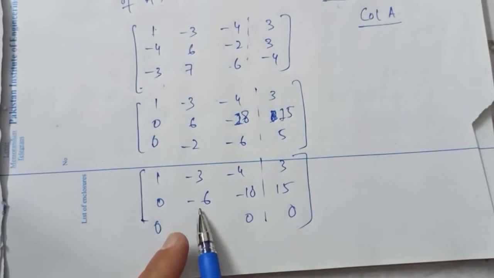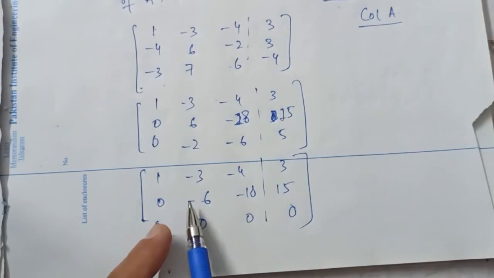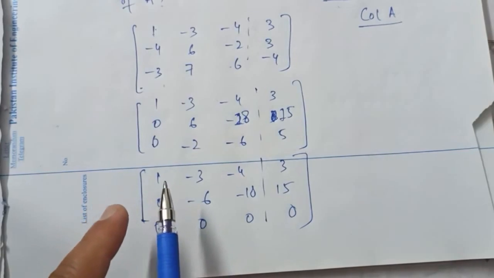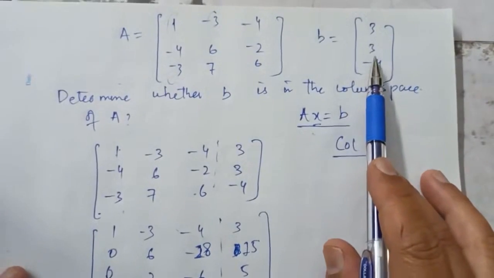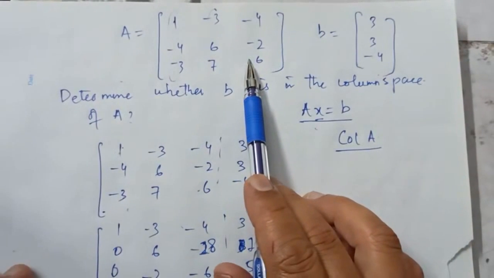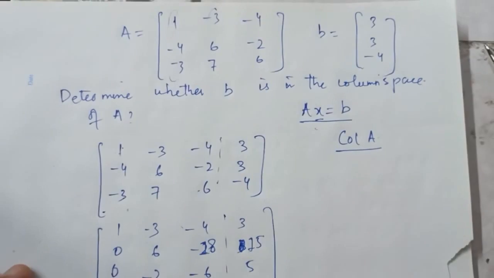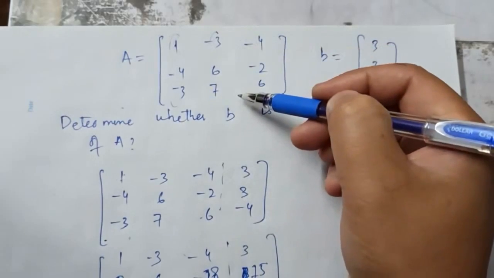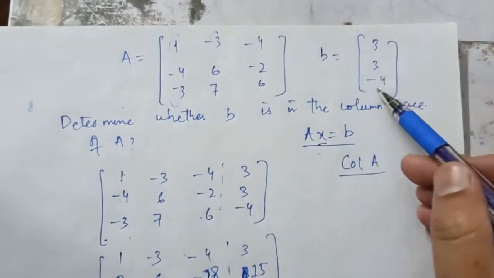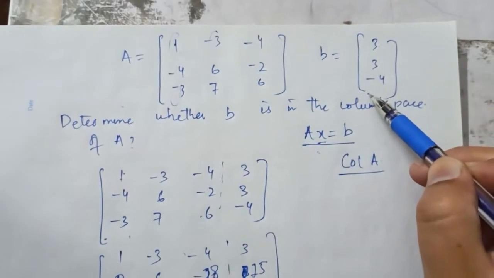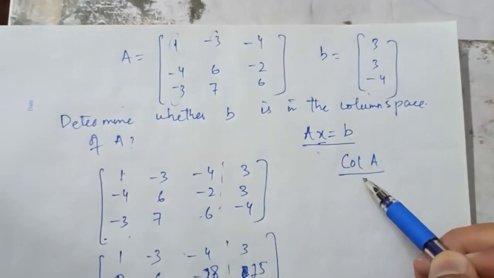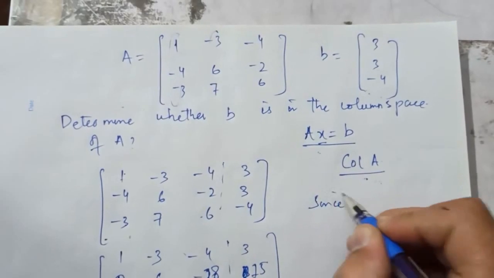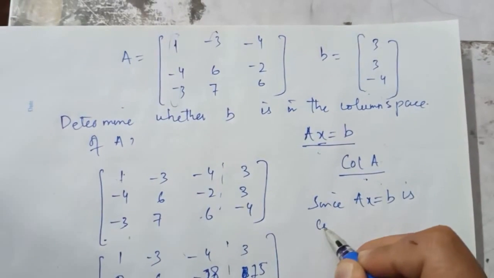Because it is consistent, it means that this vector is actually spanned by the columns of A. Column space A is a set containing all the linear combinations of columns 1, 2, and 3, so it is present in that set, which is Col A.